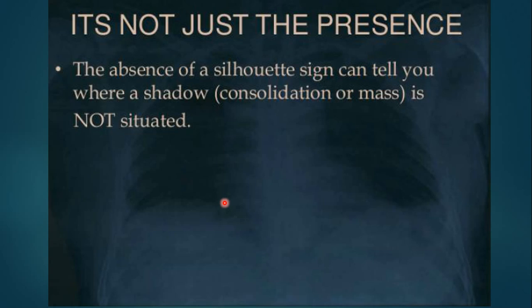So it's not only the presence of the silhouette sign that's helpful, but the absence of the silhouette sign also is helpful. It can tell us where the shadow is. Is it a consolidation or a mass? Where is it located? At least we can know where it is not located.